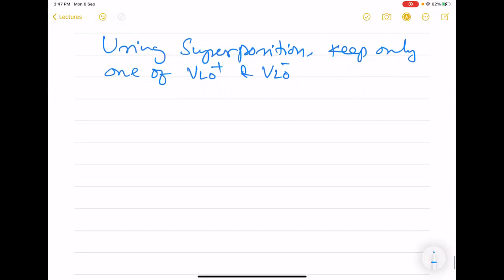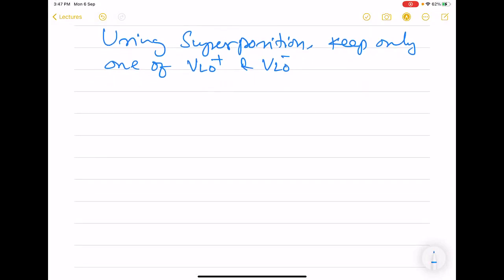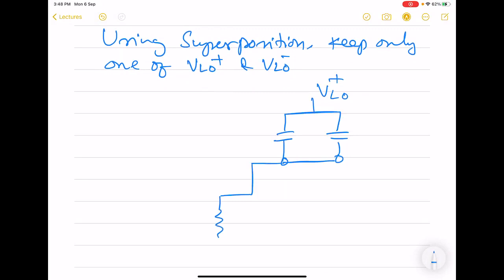So we have considered the first half where LO plus is high. So in this case, M1 is closed, and we want to know what is the voltage here.